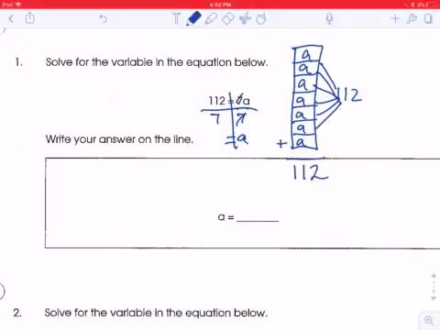So if the diagram doesn't help, hopefully the algebraic t-chart will. So 112 divided by 7. 42, and that leaves me with 6. Each one is a 16. Each A is 16.